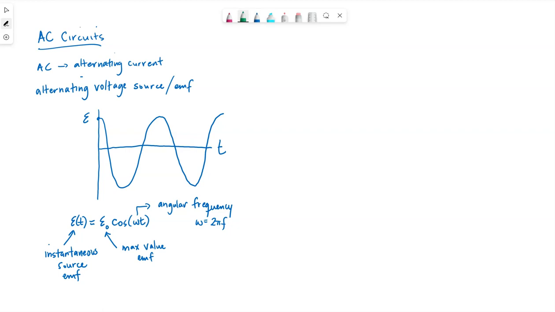So our wall outlets are 120 volts at 60 hertz. So our regular wall outlets, this 120 volts is what is called an RMS value. So we would represent that as the EMF RMS.